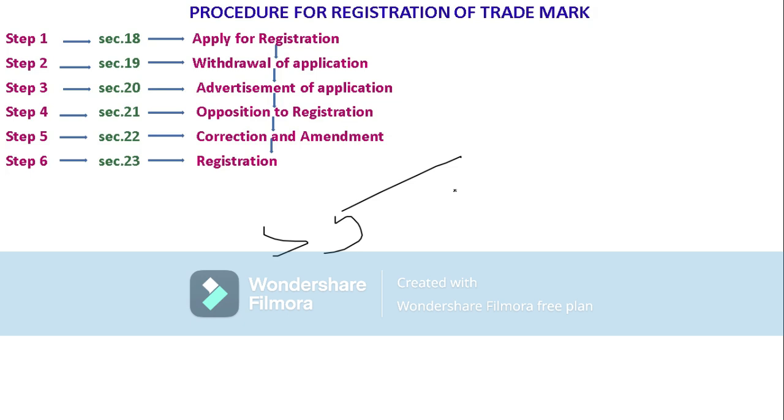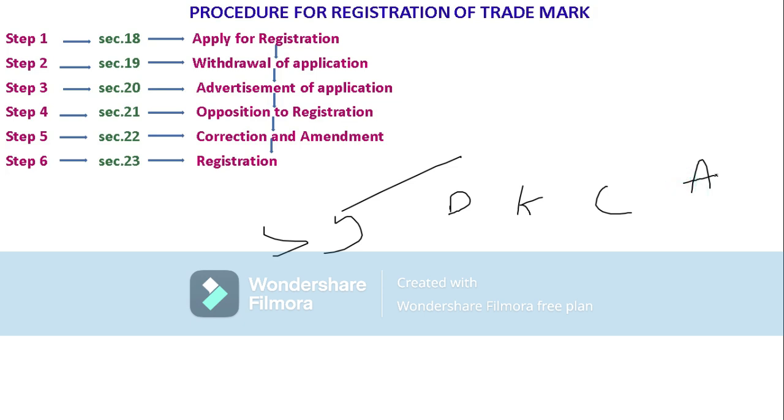In India, according to the Trade Marks Act of 1999, we have the head office in Mumbai, and the branches are in Delhi, Kolkata, Chennai, and Ahmedabad.